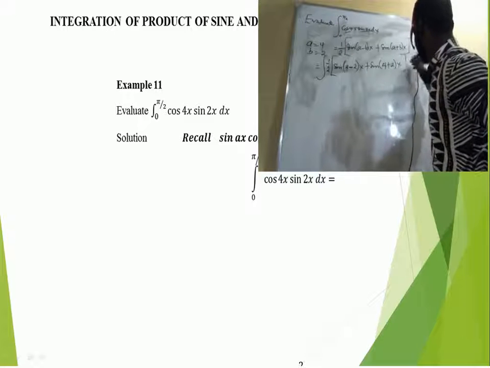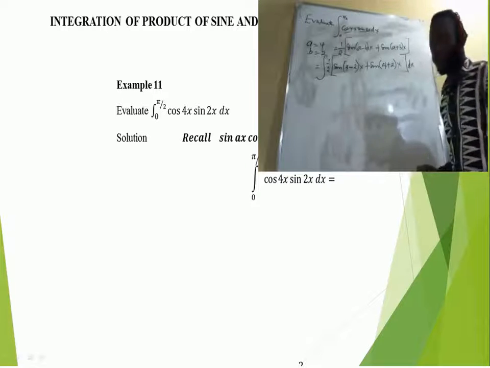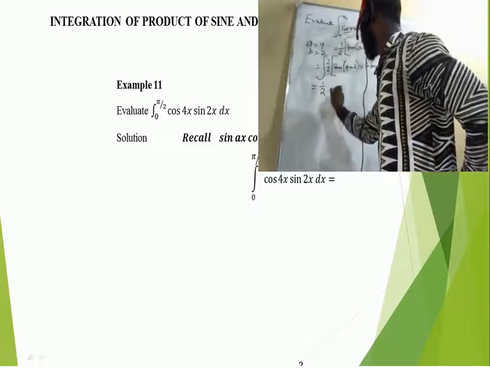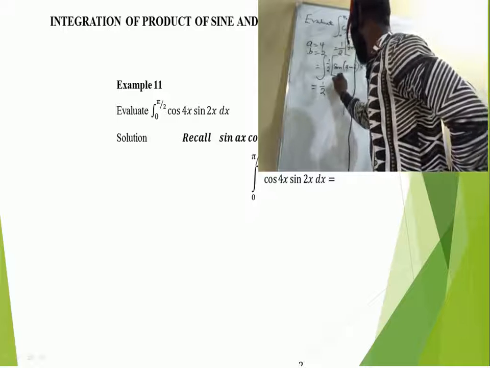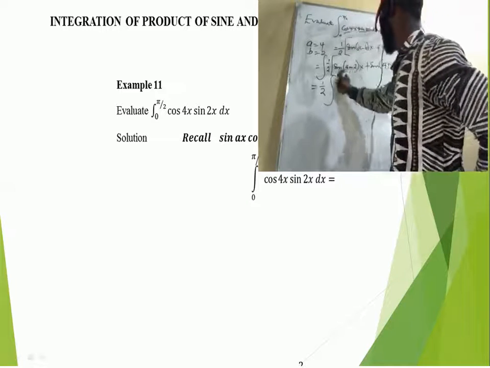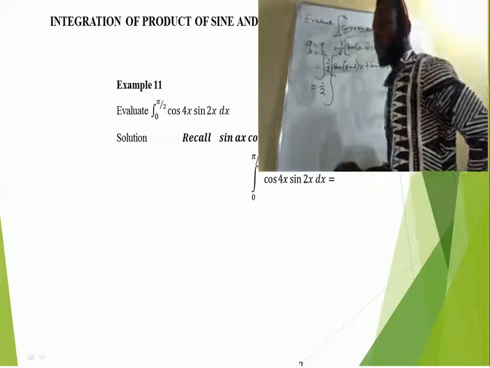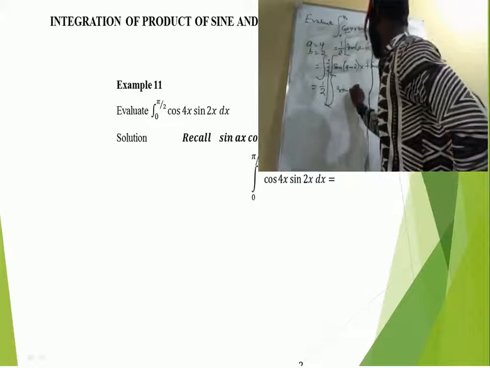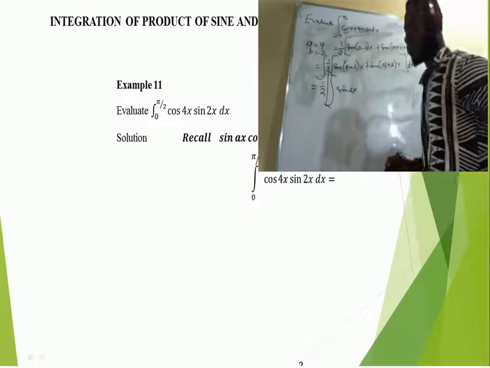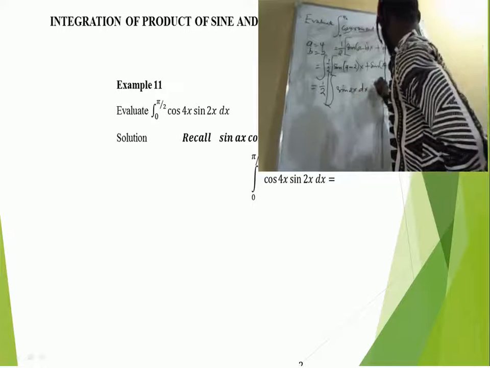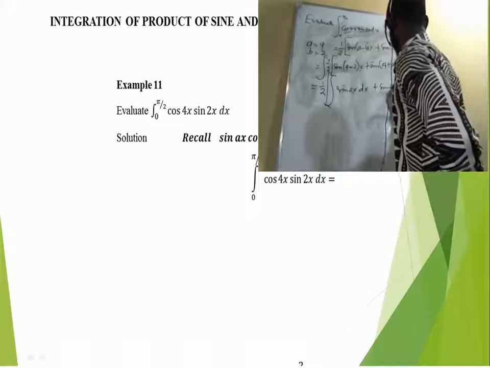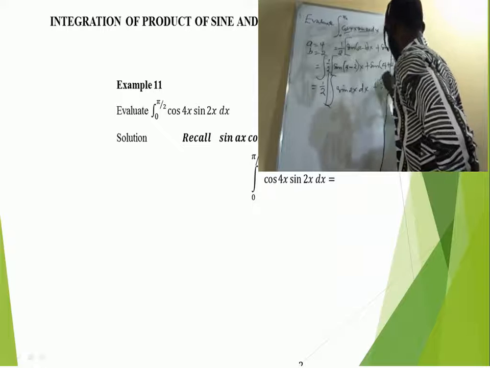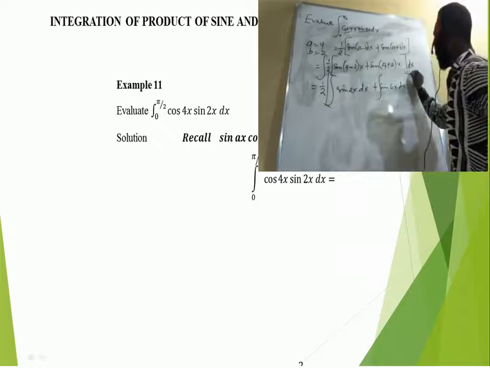We can further express it as 1 all over 2, and this will give us sine 2x dx plus sine 6x dx, then bracket close.